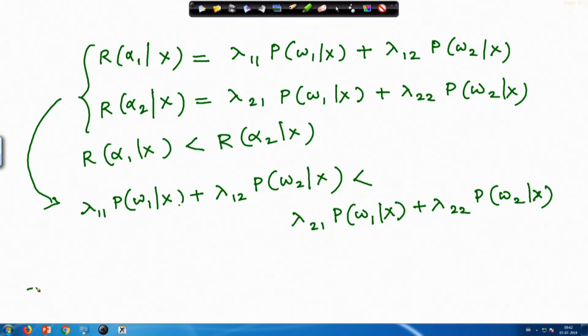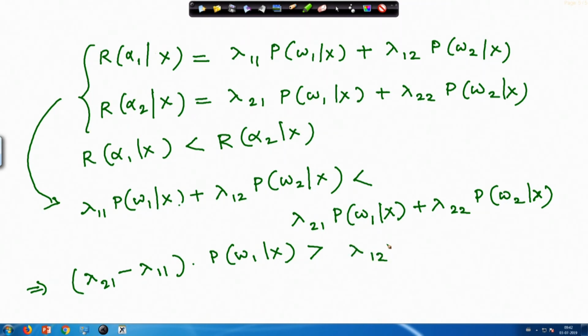Or I can rewrite this as (lambda 2 1 minus lambda 1 1) p of omega 1 given x has to be greater than (lambda 1 2 minus lambda 2 2) p of omega 2 given x.